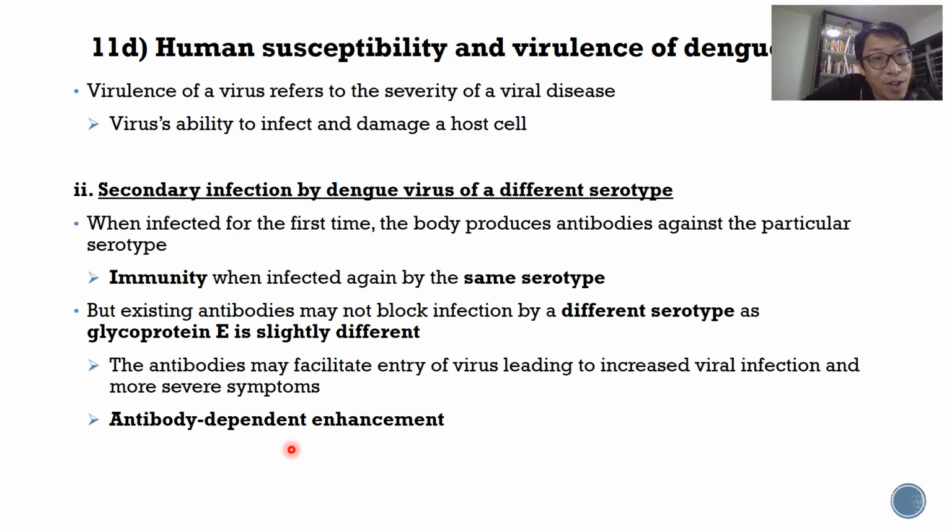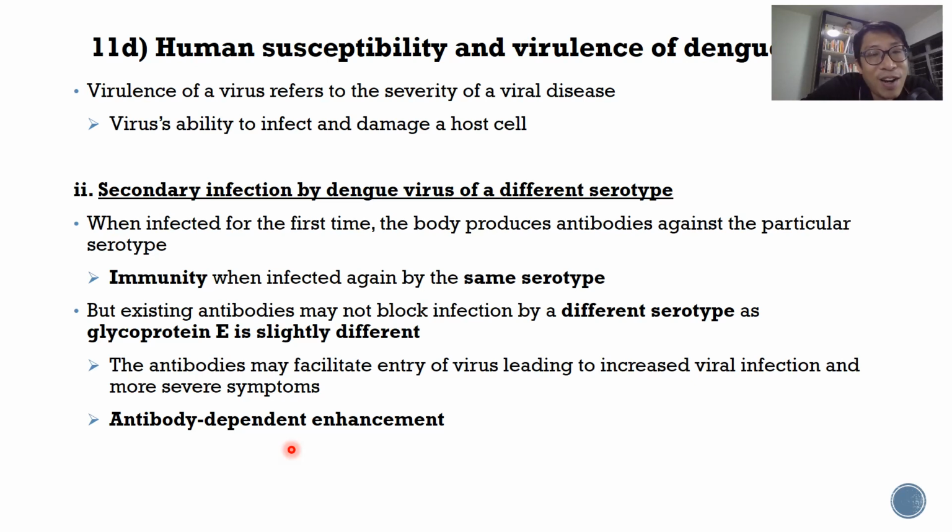But because of the slight difference in the glycoprotein E, the antibodies may not be able to block completely the attachment and entry facilitated by glycoprotein E. So it makes phagocytosis, which is the entry step of the virus into the immune cells, easier, yet it cannot block the entry completely.